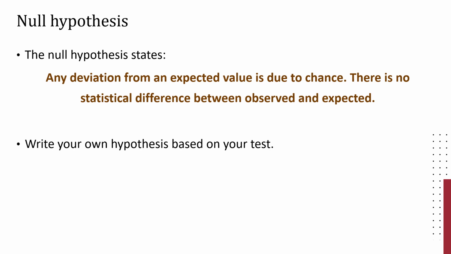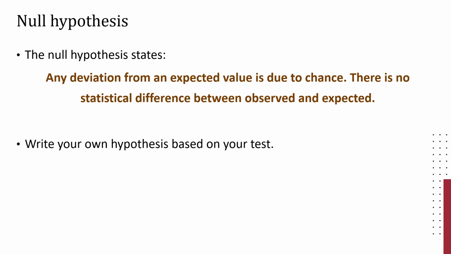So we make a specific statement about this. When you write your hypothesis, it should be specific to the observed and expected values that you expect to see. So in the null hypothesis, we are going to state that any deviation from an expected value is due to chance, and that there is no statistical difference between the observed and expected ratios.